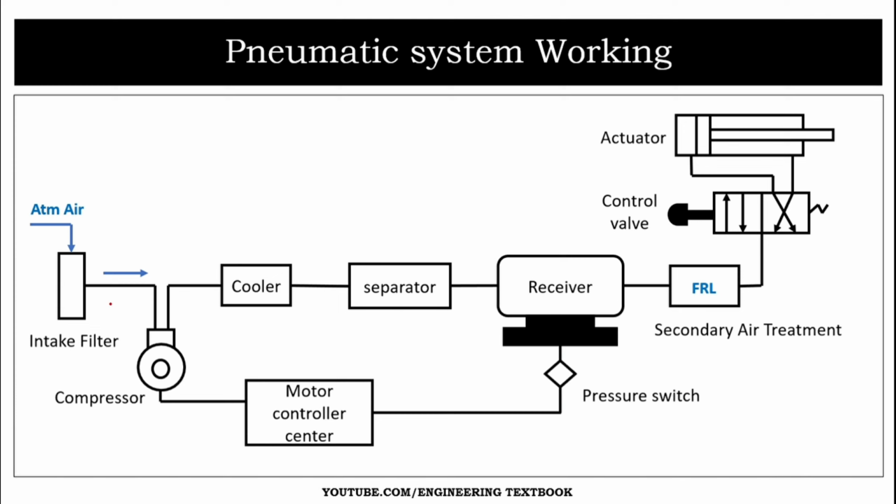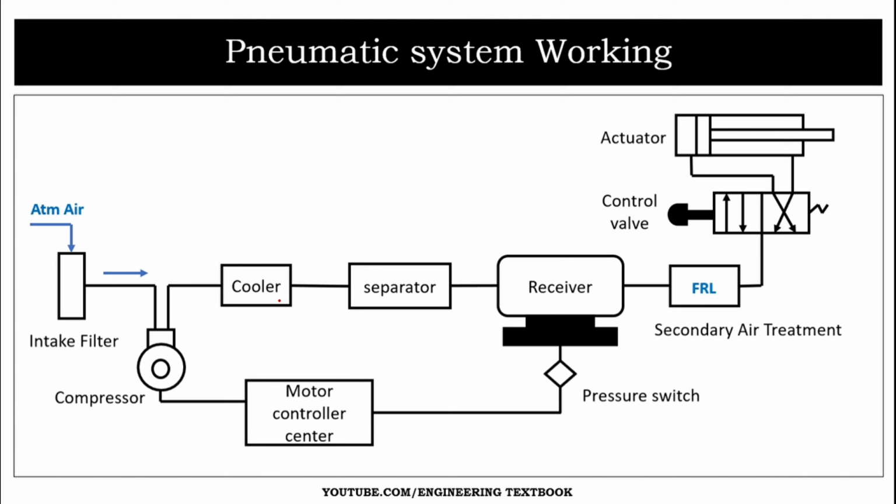The air is supplied to the air compressor, which is driven by the motor controller center, the mechanical energy produced by the electric motor. The air compressor increases the air pressure and decreases the volume of air. When the air pressure increases, its temperature also increases, so the cooler is attached here.